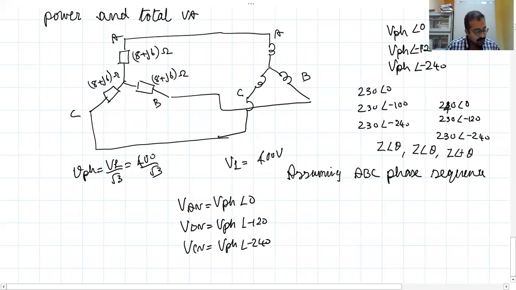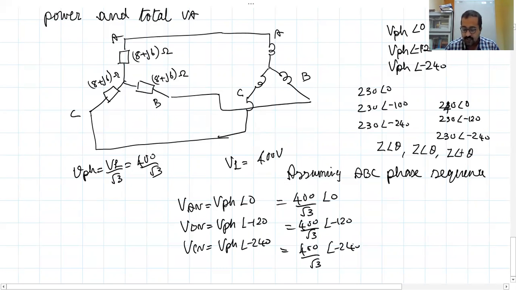So this will be 400 by root 3 angle 0, 400 by root 3 angle minus 120, and 400 by root 3 angle minus 240.